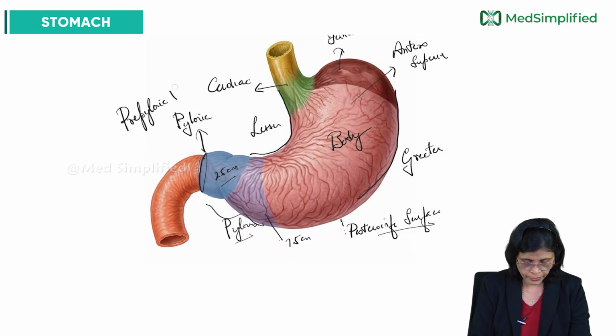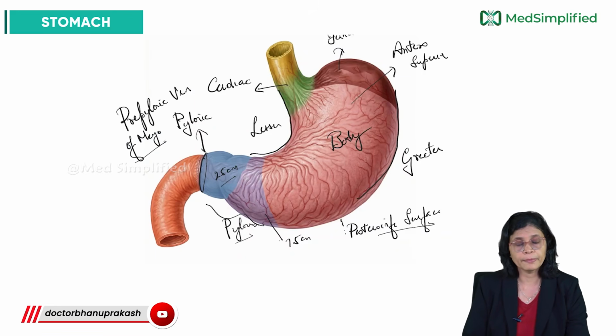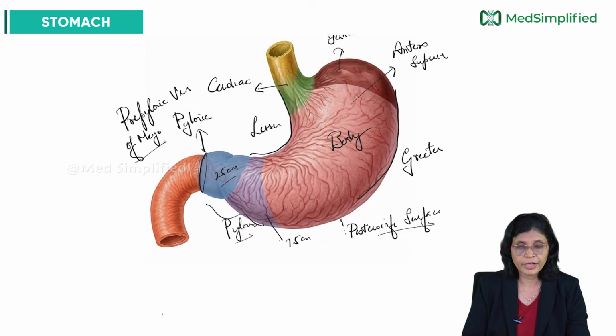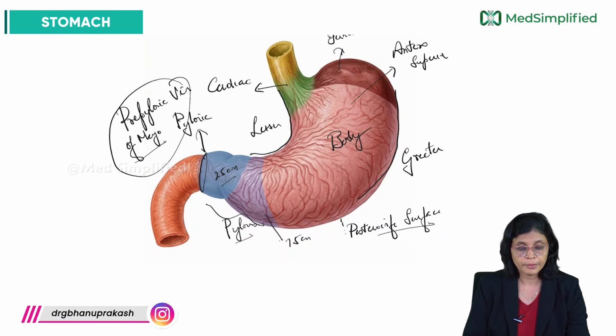This vein will be in relation to the pyloric orifice, so we can identify the pyloric orifice during surgery.